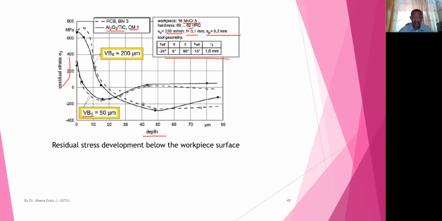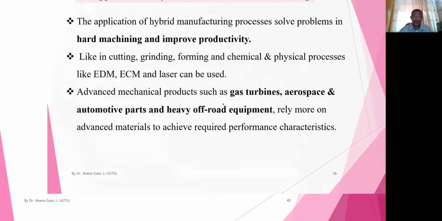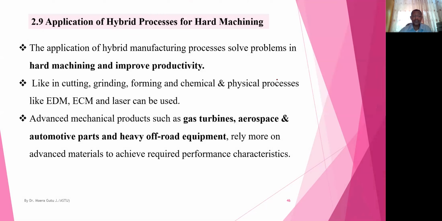But after reaching some optimized point, it is again rising. So we have to reduce the formation of residual stress by different techniques, by preheating the workpiece material and using optimized cutting parameters. The third solution to reduce residual stress formation in machined surfaces is heat treatment.